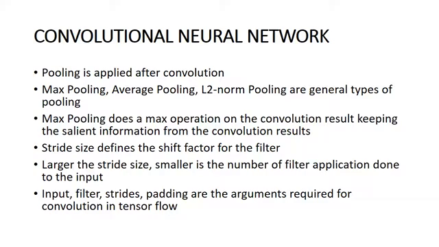The arguments that are required for the convolution function in TensorFlow are input, the filter, strides, and padding. The algorithms that are used for padding are the same padding algorithm or the valid padding algorithm.